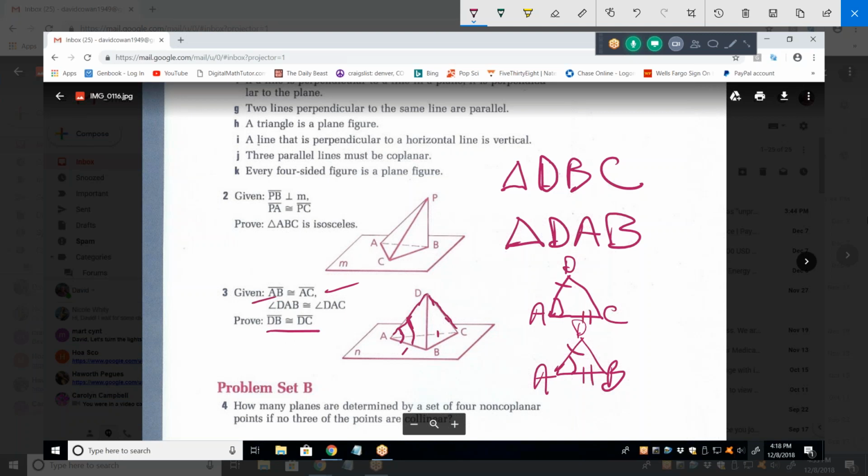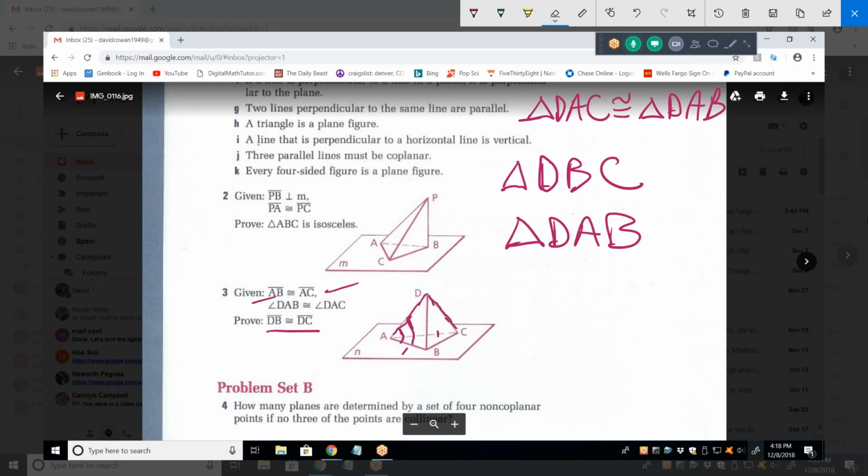And now I have side, angle, side. So I can say that triangle DAC is congruent to triangle DAB. And now we know that DB equals DC because of CPCTC. And that's all we need.